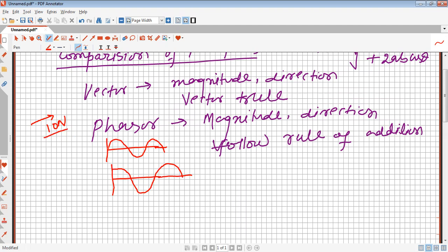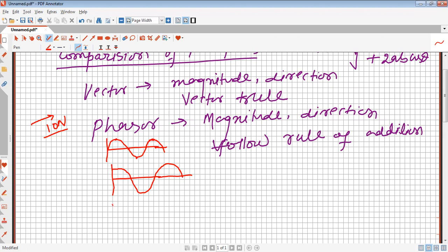Or here, the magnitude is 0, then going to maximum, then coming again to 0, then going maximum in the negative direction, then again coming to 0, then again going in the positive direction. In this way, its magnitude is changing with respect to time. So this is called a phasor. All the other rules are followed by a phasor also.